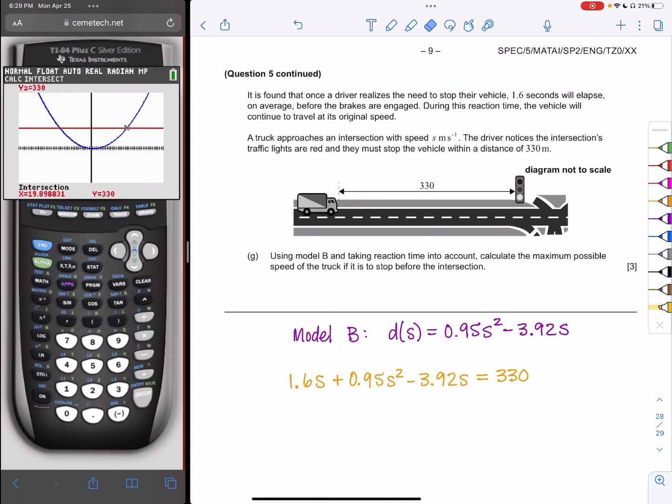And I see that the speed that I need, S, should be approximately 19.9 meters per second. So 19.9 is my answer here.